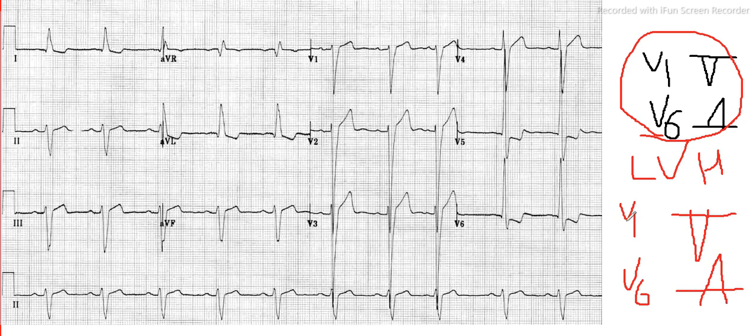So you see here this is V6, and you see how tall the positive deflection is, whereas in V1 the S wave is so negative. This gives one clue that it might be left ventricular hypertrophy.